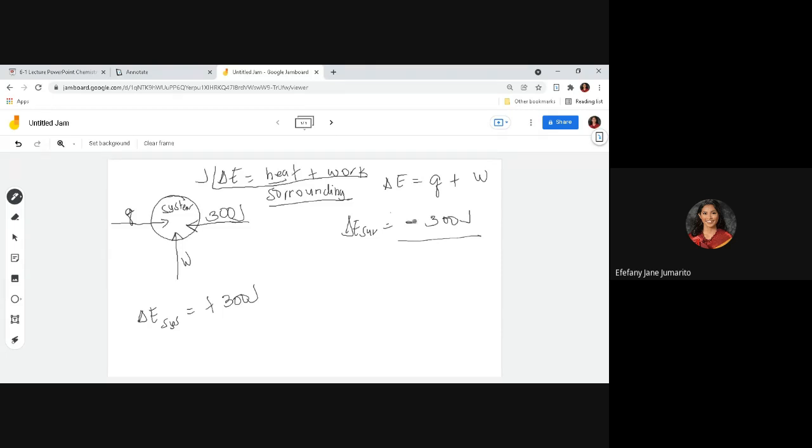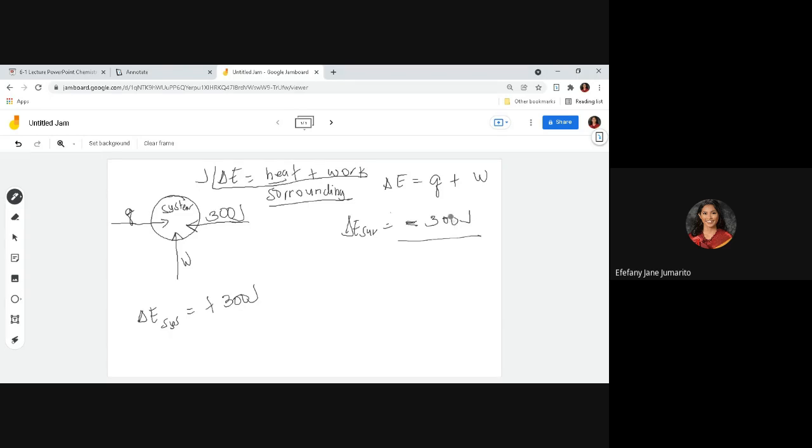The same amount the seller gains is the same amount the buyer loses. So whenever the system has increased by 300 joules of energy, the surrounding has lost 300 joules of energy.